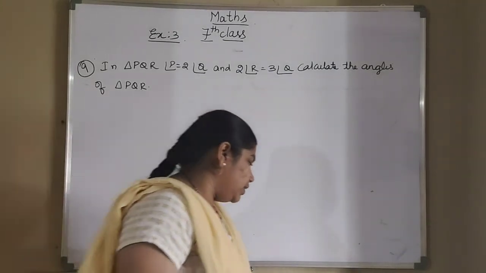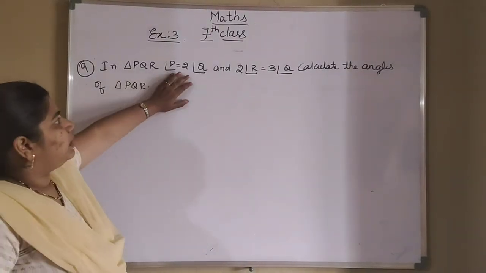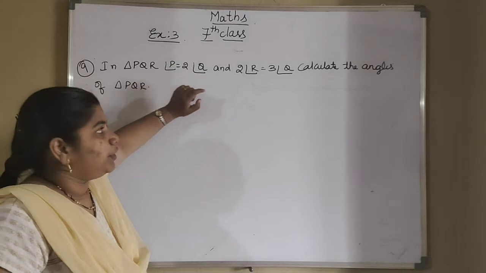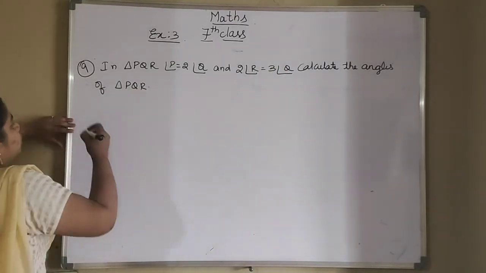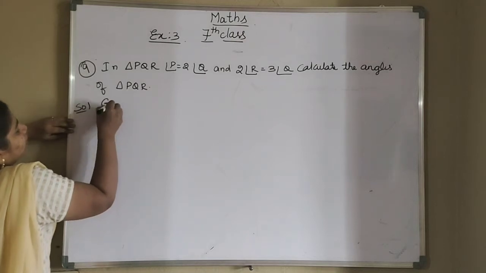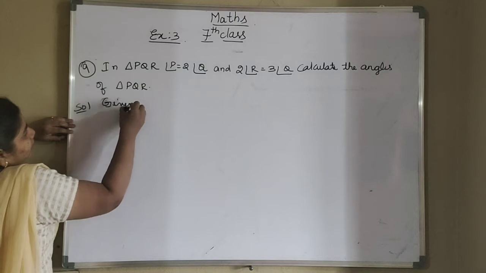So how to find here? Already they have given angle P is equal to 2 angle Q and 2 angle R is equal to 3 angle Q. Okay. So now solution, given. So what they have given?